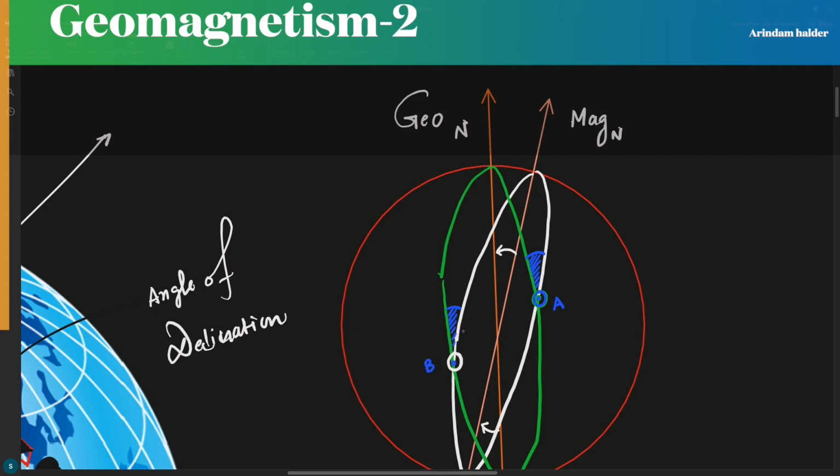So let's say, for example, I have one sphere, and I want to find the angle of declination at this place. How can you do that? What you need to do is bisect from here along the geographic plane, and now again bisect, going through this point, this time one through the geographic axis and one through the magnetic axis.